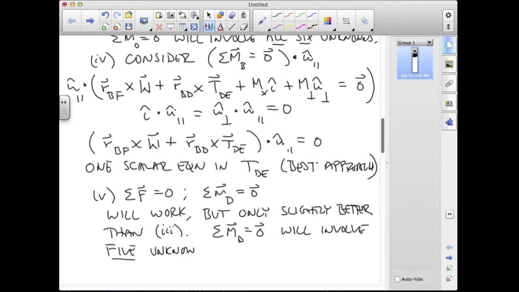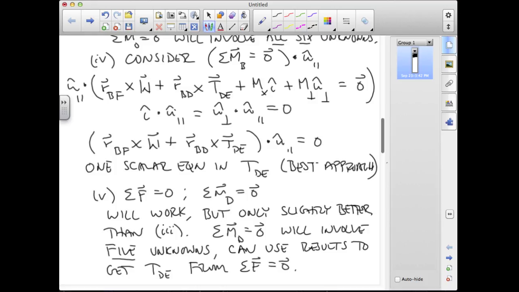The one unknown that isn't involved is the tension in DE that I'm actually seeking. But once I get that, I can use the results to get the tension in DE from the force equations. So I don't know if this is really better or worse than case 3. The moment equation has one less unknown, but after we solve for those unknowns, then we have to go back to the force equation to solve for TDE.